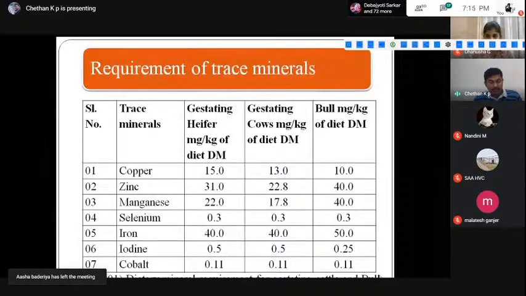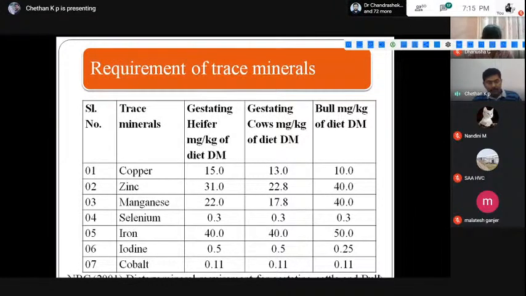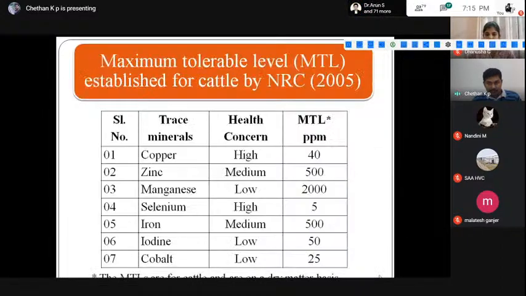Even the maximum concentration of iron required is less than 50 ppm. When the requirement is so small and the cost is also high, you can further reduce them, or else you can improve the bioavailability, which is possible with nano minerals.